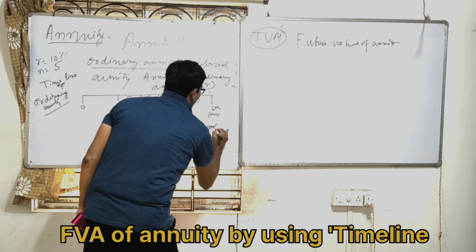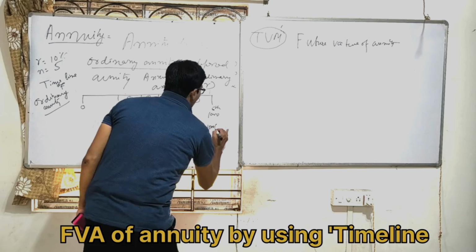So 1000 into 1.1 to the power 1 means 1.1, is equal to rupees 1100.